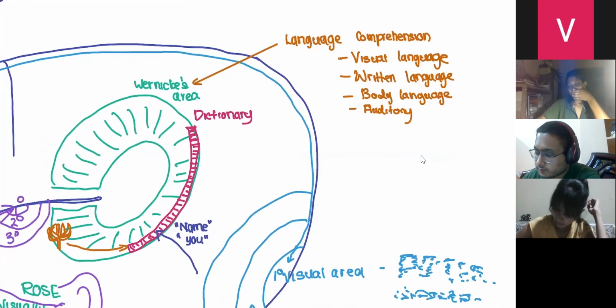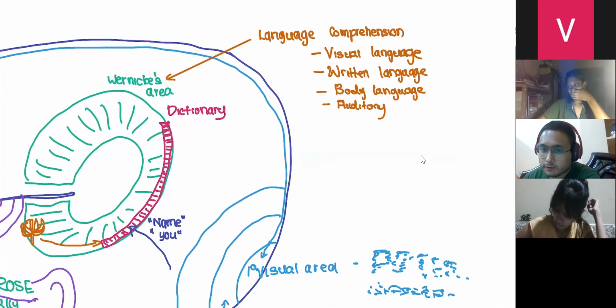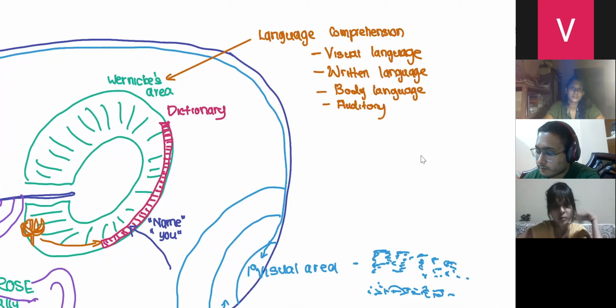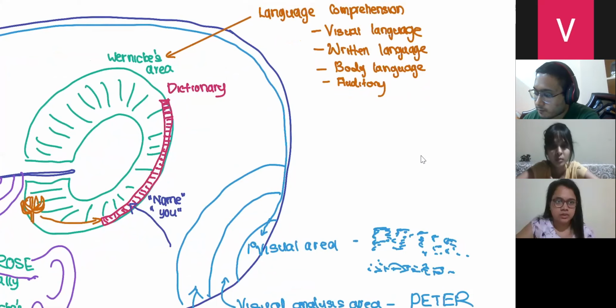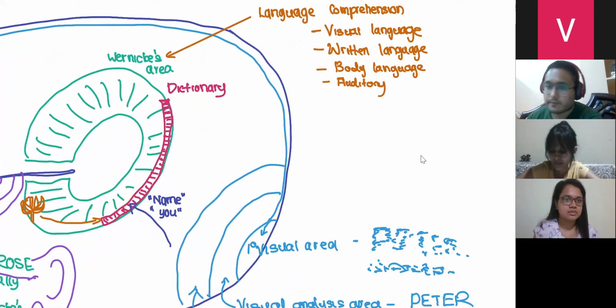People who can't speak, who are deaf, they still understand language. Then written language, everything comes from your visual area to the Wernicke's area. And then there's the body language. It tells you about a person's actions. A girl flipping the hair will cause Wernicke's area to send signals to the relevant area saying that girl is attracted to you. Okay, and then the auditory, what you hear.